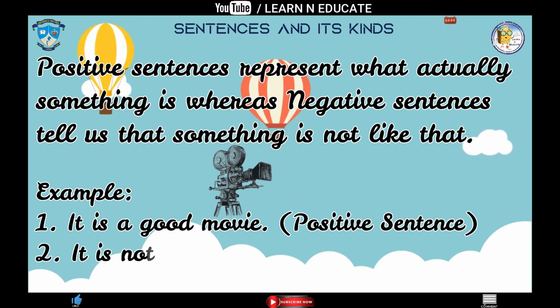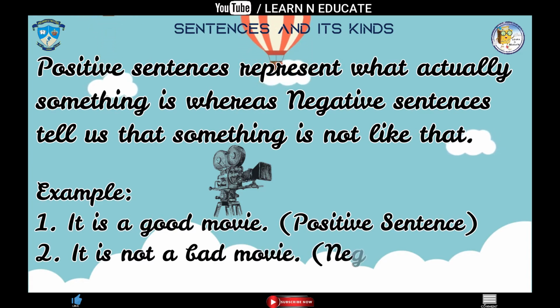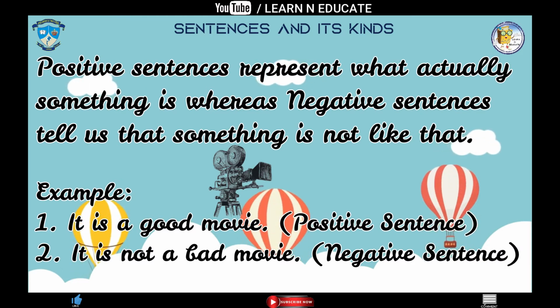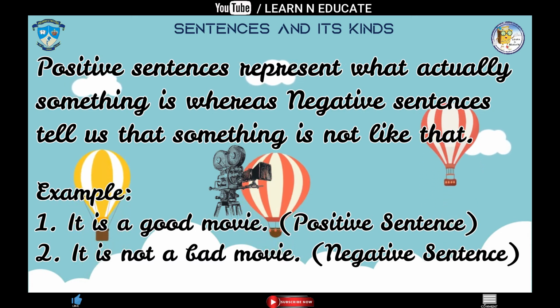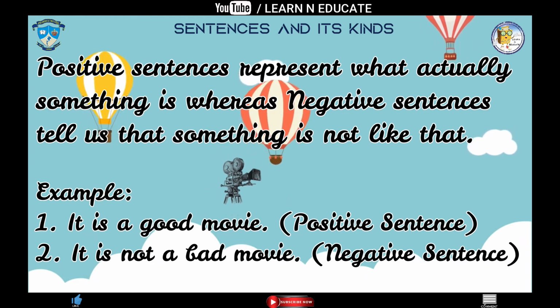Now, let's see another example. It is not a bad movie. This sentence tells us that the movie is not bad. That means the movie is good. Okay, but the sentence says that the movie is not bad.